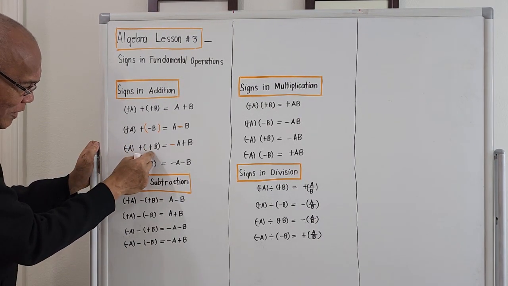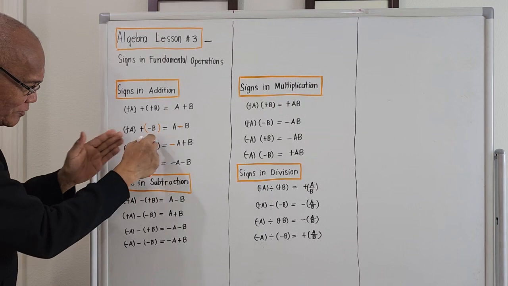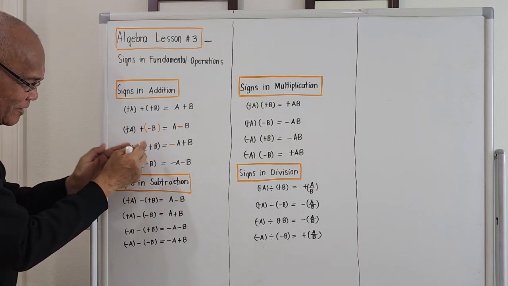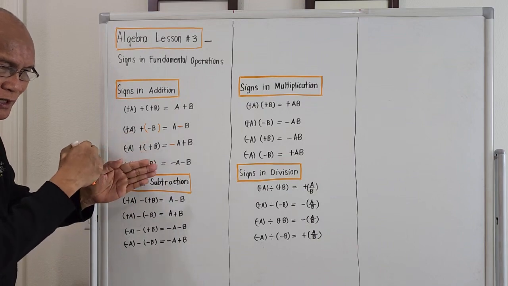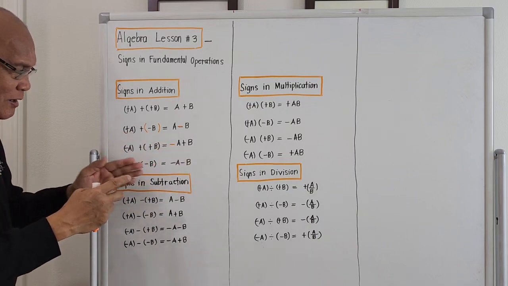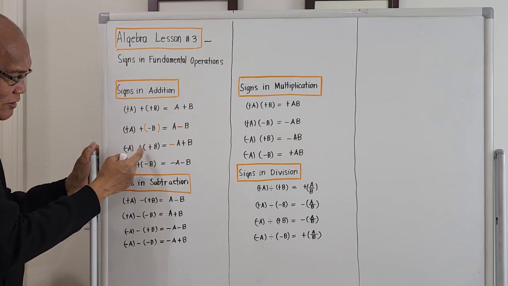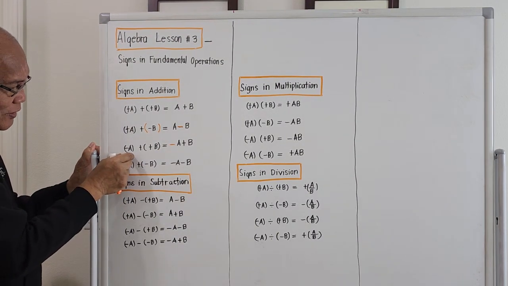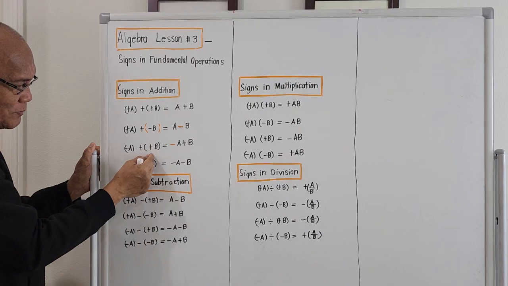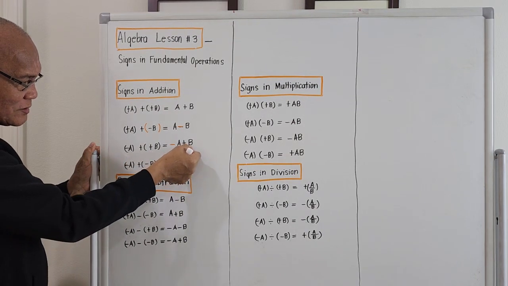If this is plus and plus, this quantity here has no effect. But if it's negative, there's a problem because you must multiply the positive and negative. So if we try to add negative A plus open quantity plus B, it should be negative A plus B.